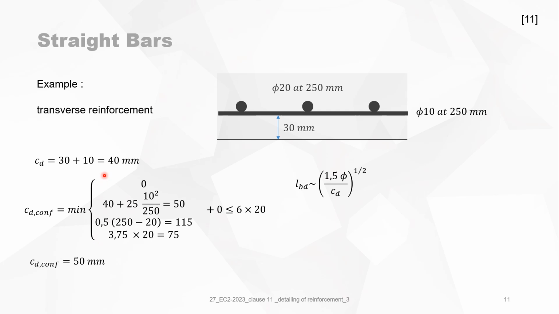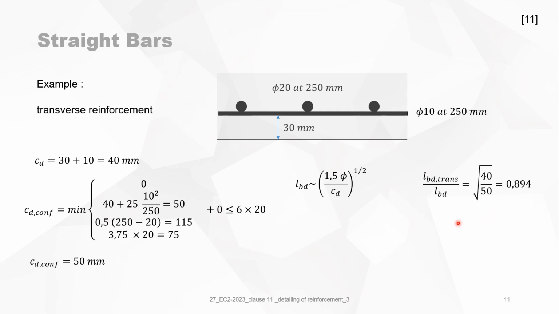Now, what is the effect? Well, we know that the anchorage length is proportional, when all the rest is constant, to the square root of 1.5 times phi divided by CD. So that means that the anchorage length with transfer reinforcement in this example divided by the anchorage length without transfer reinforcement is of course the square root of CD divided by CD confinement, and it gives you a gain of, let's say, 10%.